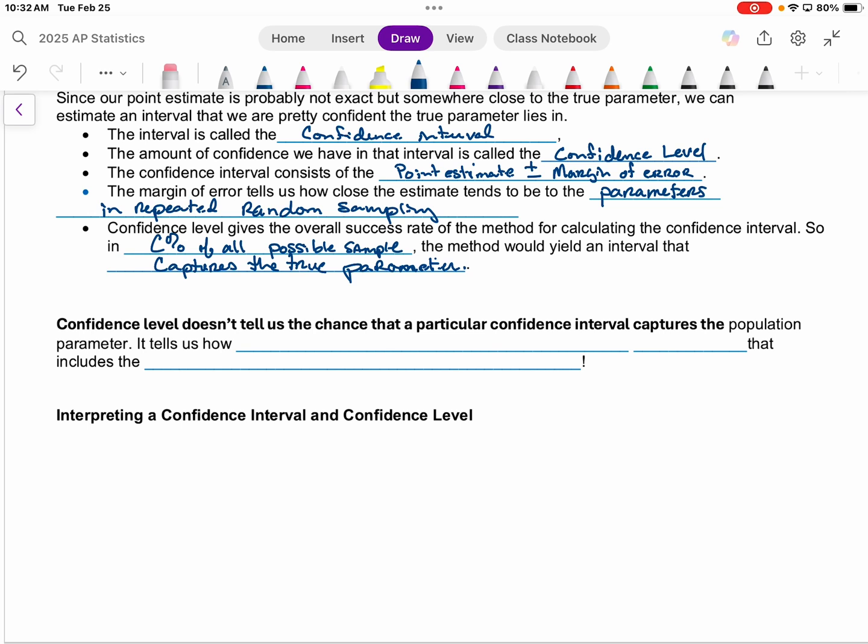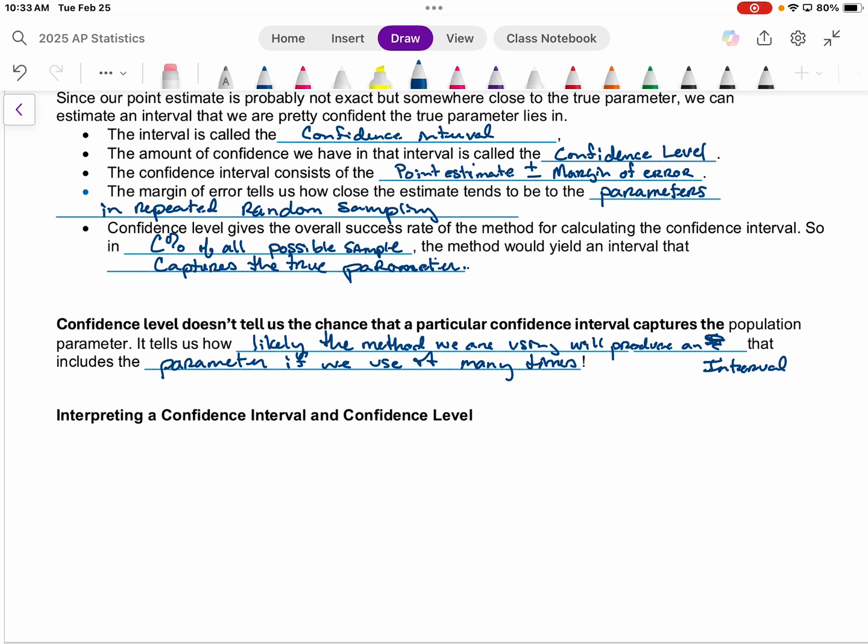It tells us how likely the method we are using will produce an interval that includes the parameter if we use it many times. All right, so sorry for the squeeze of it.